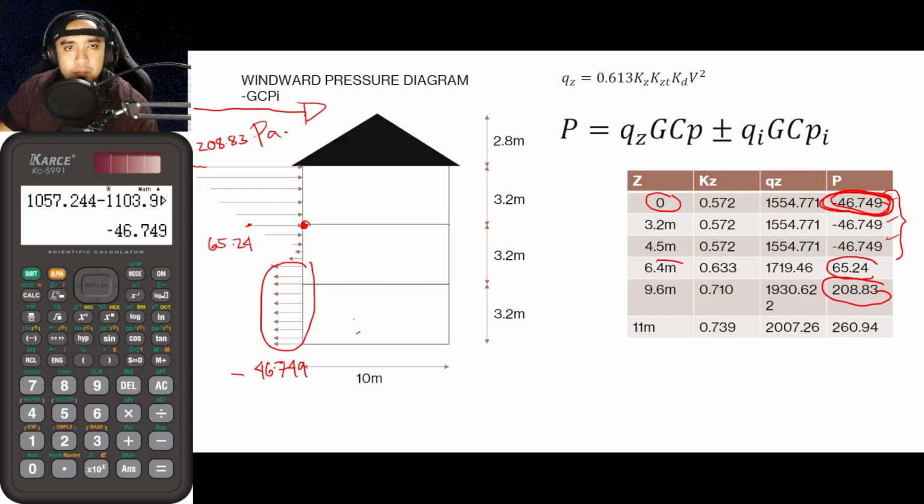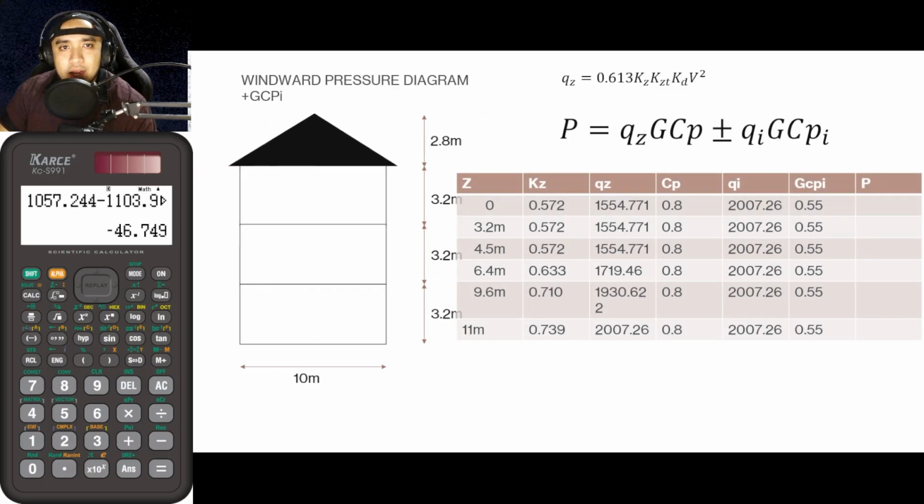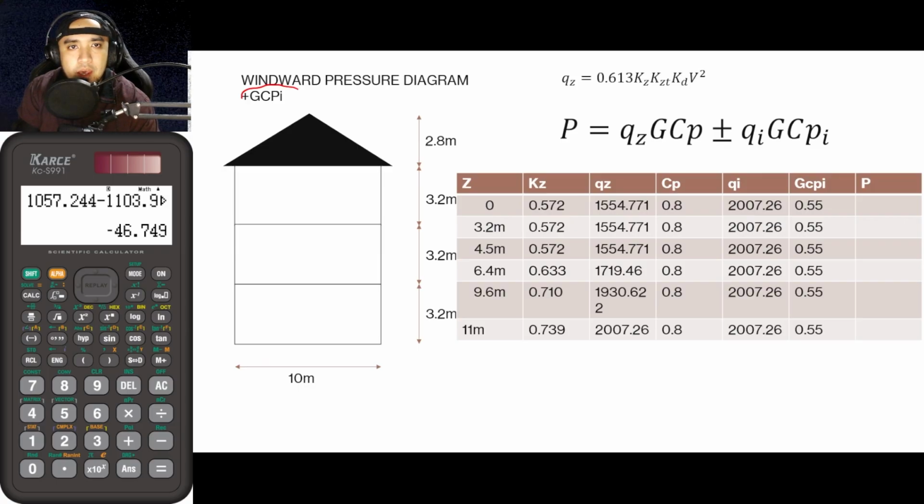Okay, so next up, if we are now to draw the windward pressure diagram with a positive GCPI. So what will happen here is that we would just be changing the GCPI into a positive value. So meaning, guys, if positive value, if let's say that this is the external pressure, the internal pressure would also be the same. Okay?